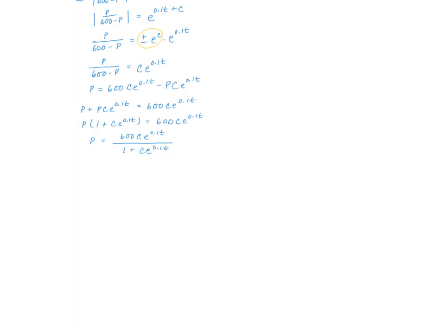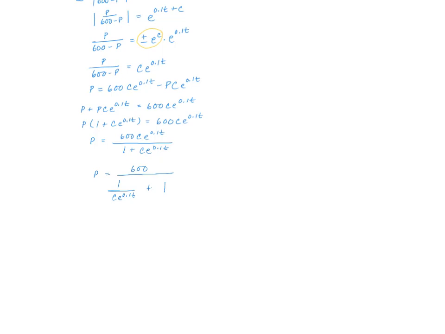If I divide both top and bottom by the constant c times e to the 0.1t, what this will look like is p equal to 600 in the numerator over 1 divided by c e to the 0.1t, plus 1.